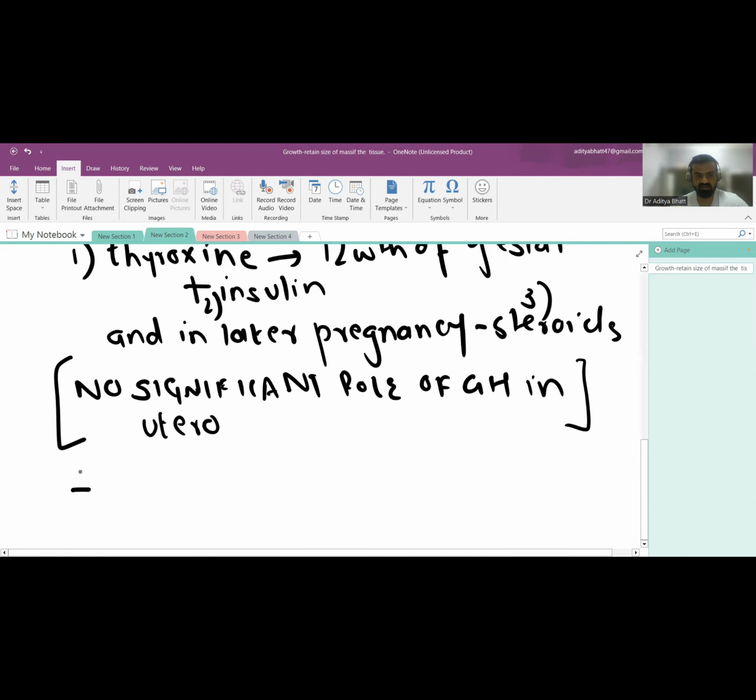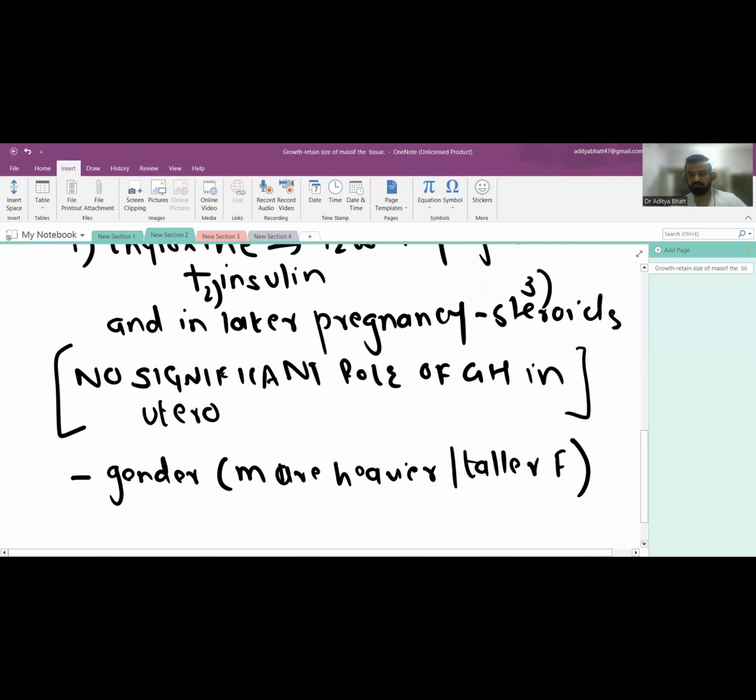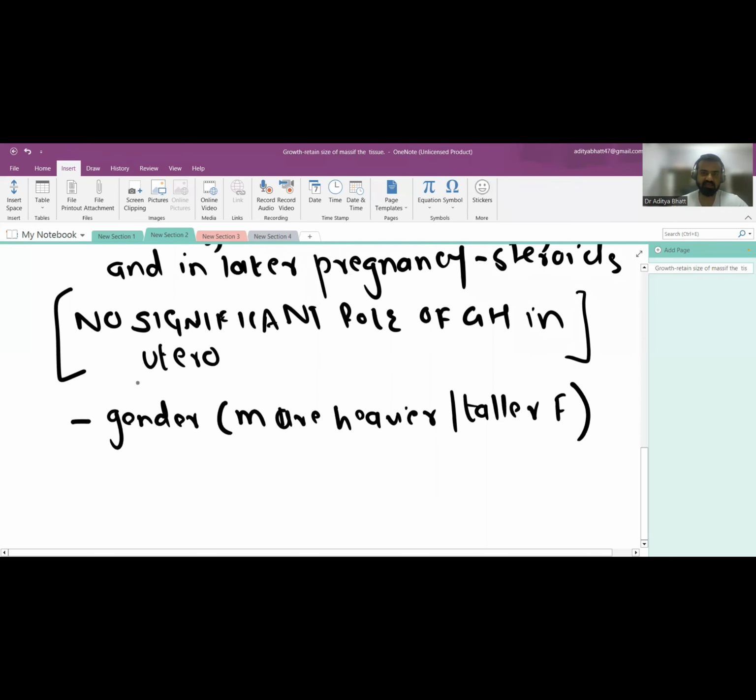Now, the third one is gender. Obviously, we know that male newborns are generally heavier and taller than female newborns. This is a well-studied fact. The fourth one is insulin-like growth factor 1 and 2.